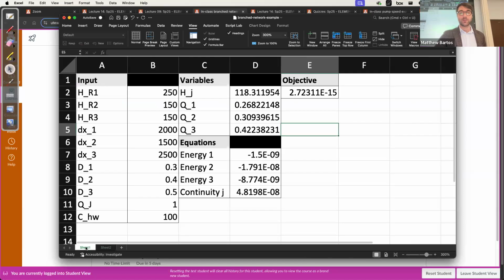Let's go back to our original sheet. I'm going to create a new cell here for our pump head.